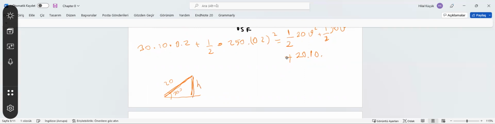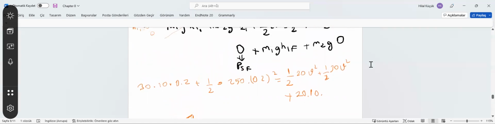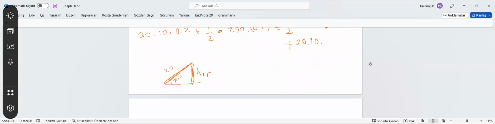I can find H1 final. Please convert this one to meter, 0.2 meter, and sin 30. You just need to write that part, multiply by sin 30. Finally, if you calculate, this is the math part, I don't want to waste my time.